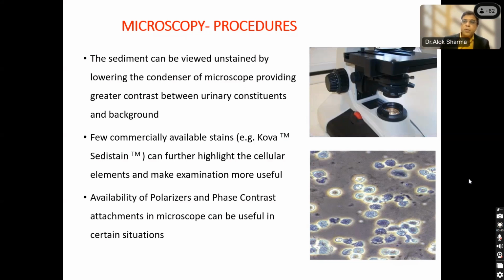If you want a more detailed examination, you can even have a polarizer or phase contrast apparatus attached to your microscope, and these will give you a greater depth of examination. There are certain constituents we can readily examine using these. But for the vast majority of urine sediment examinations, an unstained preparation with a lowered condenser suffices. You can get a lot of information just from that basic process.